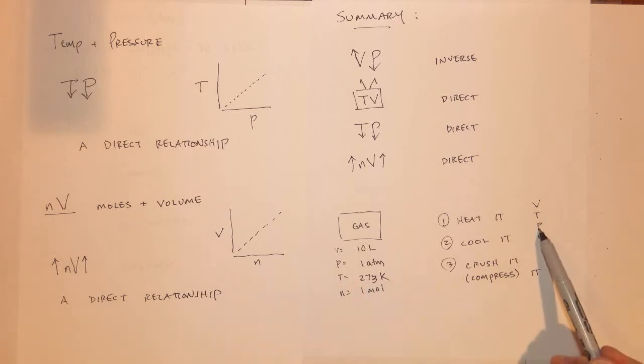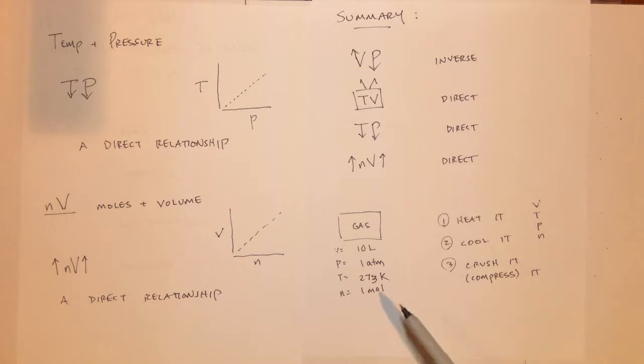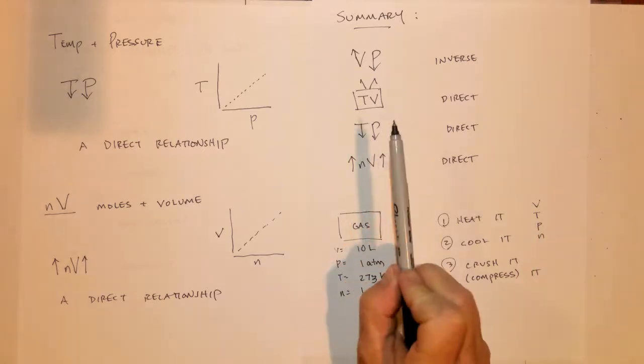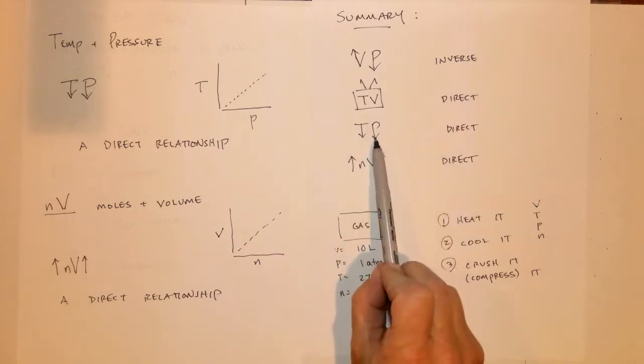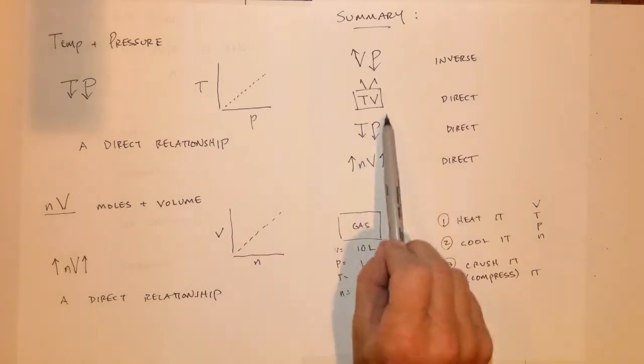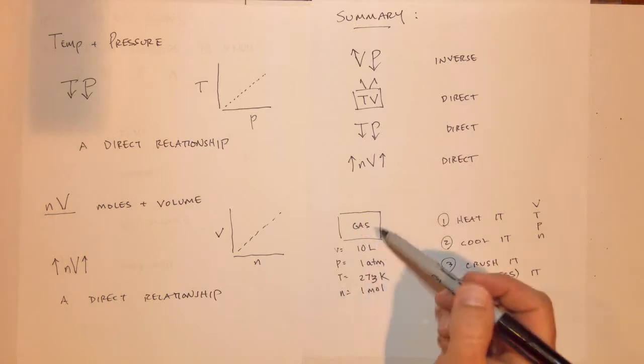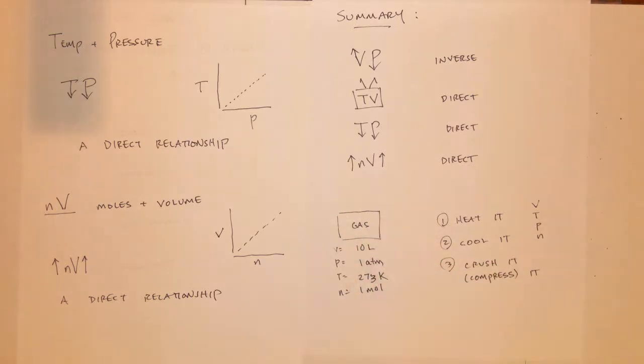What would happen to the pressure? Well, they're directly related to one another, and so if temperature goes up, pressure should go up inside of there. There's more collisions of the molecules. What would happen to the number of moles of gas? Well, they should remain the same, right? Because we have a sealed container of 10 liters, and we didn't allow any gas in or any gas out.